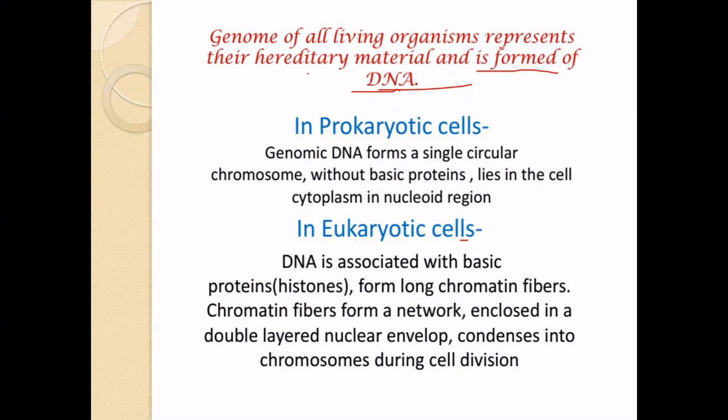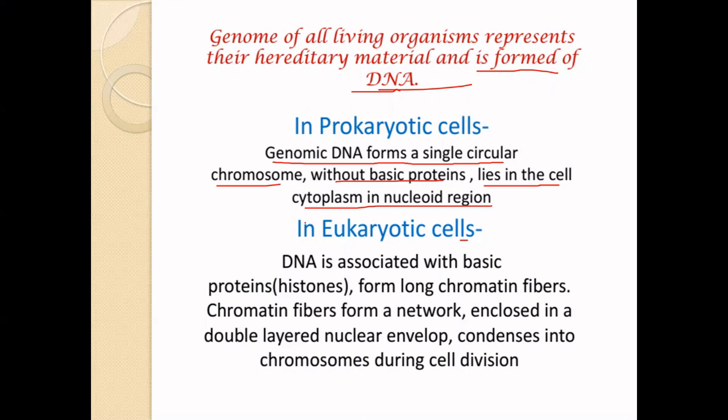So in a prokaryotic cell, genomic DNA forms a single circular chromosome without basic proteins, and lies in the cell cytoplasm in the nucleoid region. As we already have the idea of prokaryotic cell structure, we know that a prokaryotic cell is basically devoid of a true nucleus, and that is why it is called the nucleoid region.